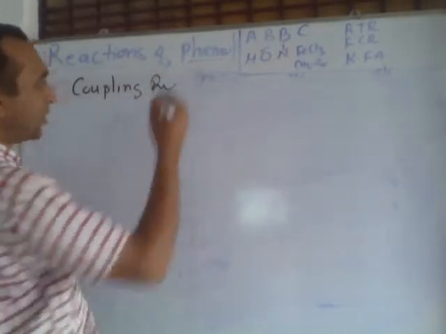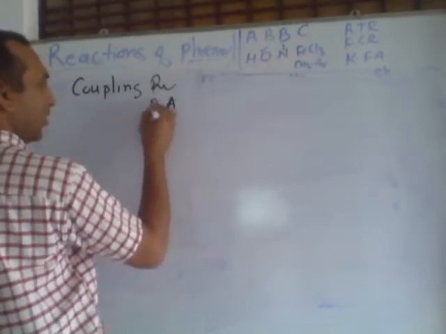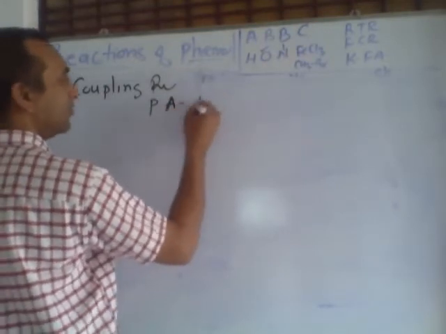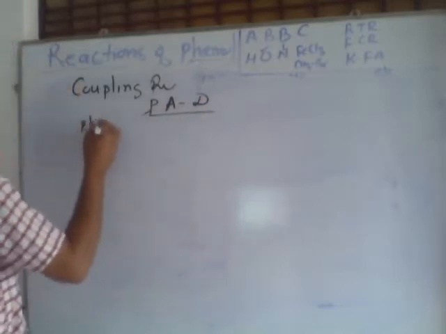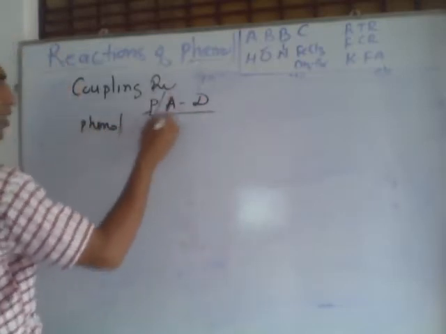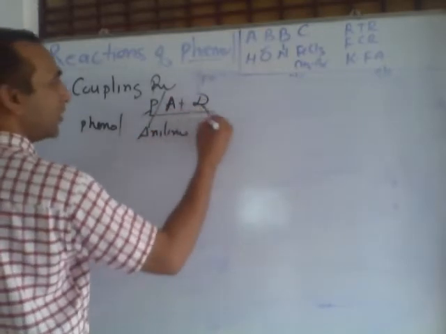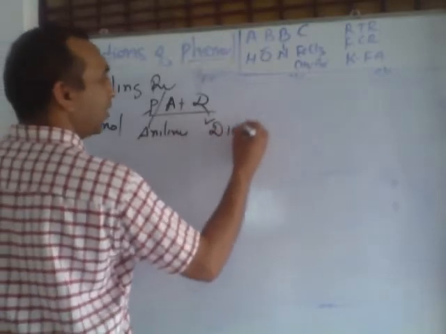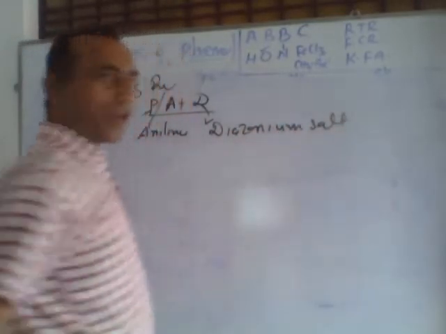So for coupling reaction I am writing here PAD, paired. Here P means you can use phenol, A for aniline, reacting with D. D is diazonium salt. Do you know what diazonium salt is?